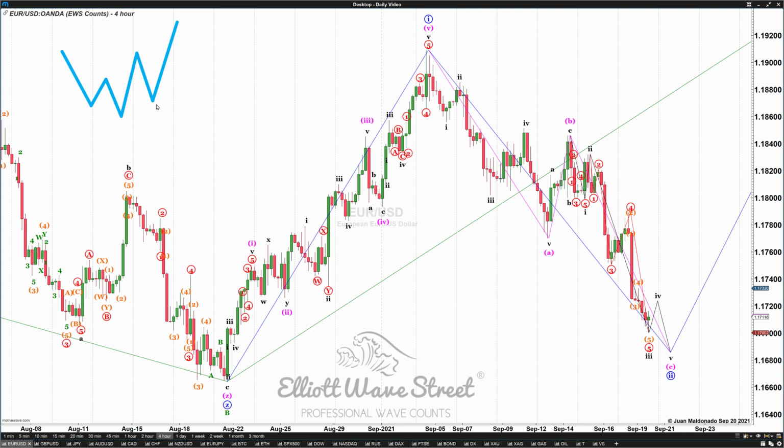So the key hint to understand the crown is that we have the neckline, let's call it like that, in the other direction than the previous trend.